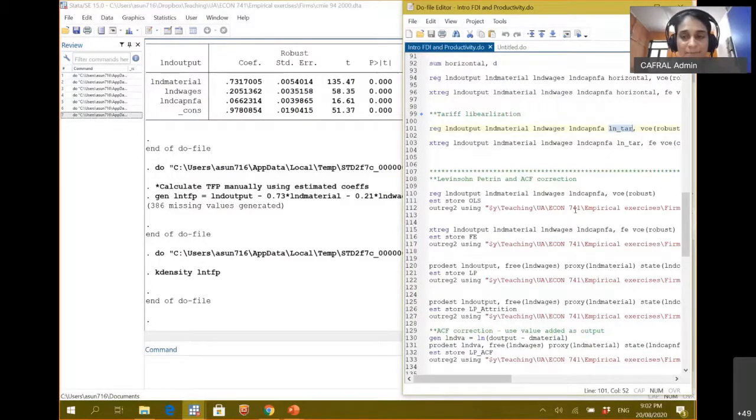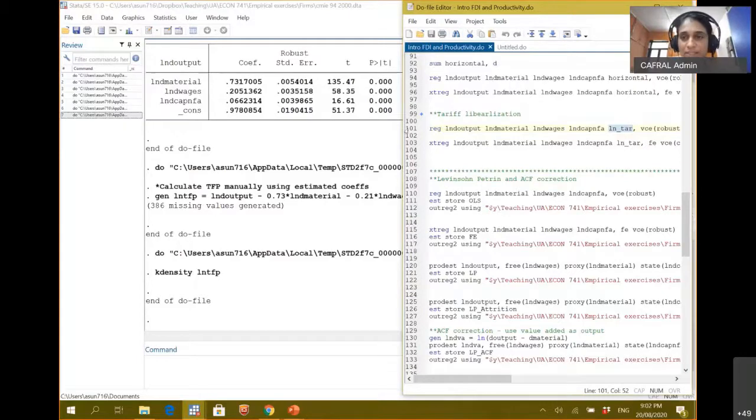So that's the theoretical expectation. My expectation is that the coefficient on tariff is going to be negative, which means a lower tariff, more trade liberalization, is associated with an increase in TFP or productivity.